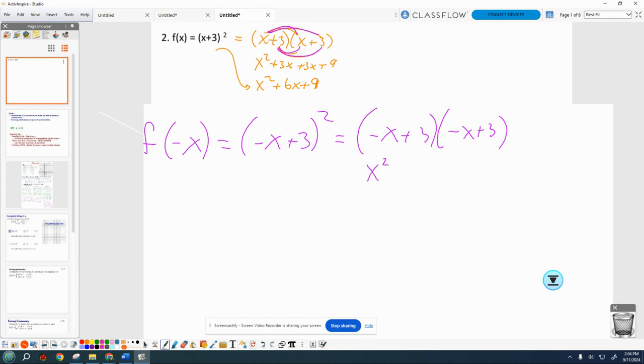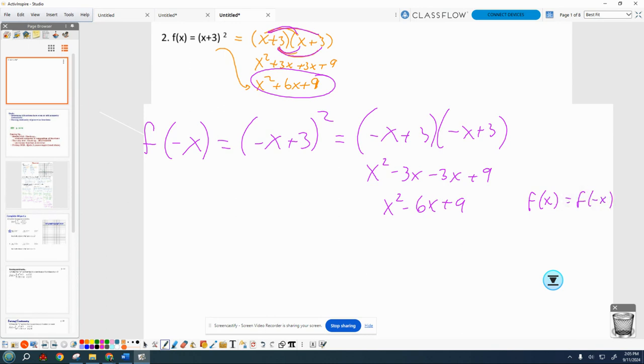Positive. Outside times outside, that'd be negative 3x. Inside times inside, then another negative 3x, and last times last? 9.